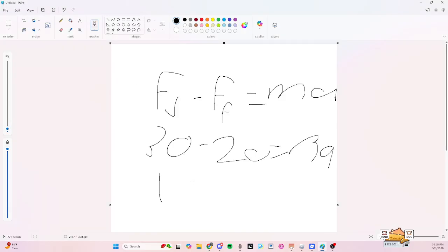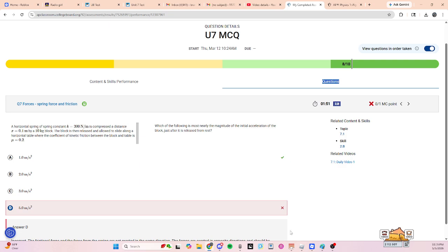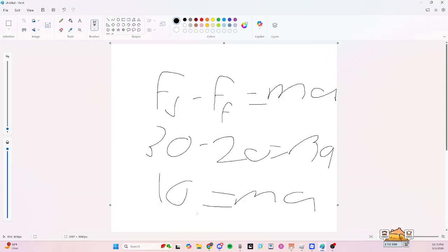So I got 10 equal to ma, and then the mass is 10 as well. So a equals 1.